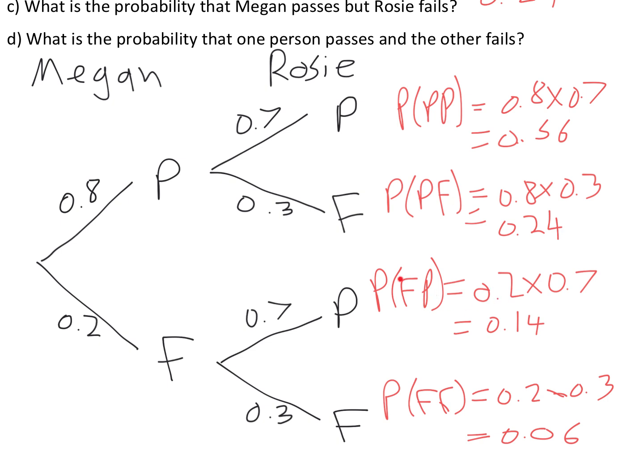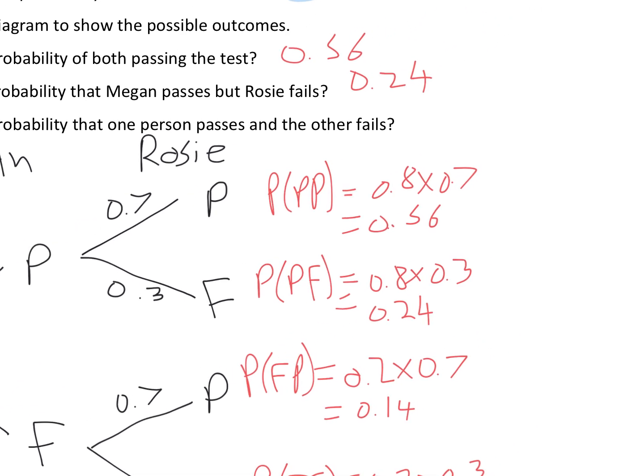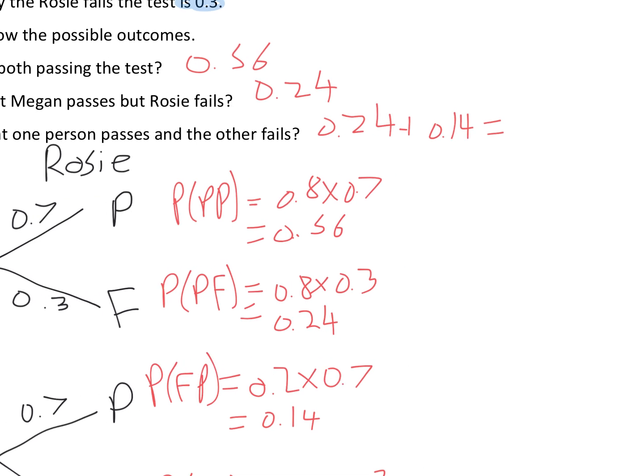See, pass, fail, fail, pass. So it could be either of those two. So what we want to write down is that it could be the 0.24 or the 0.14, those combined probabilities, one or the other. So that gives a final answer then of 0.38.